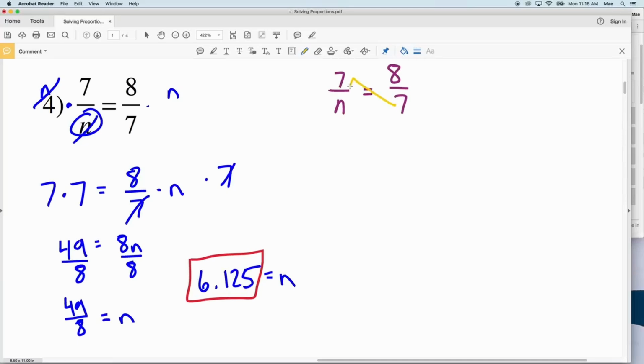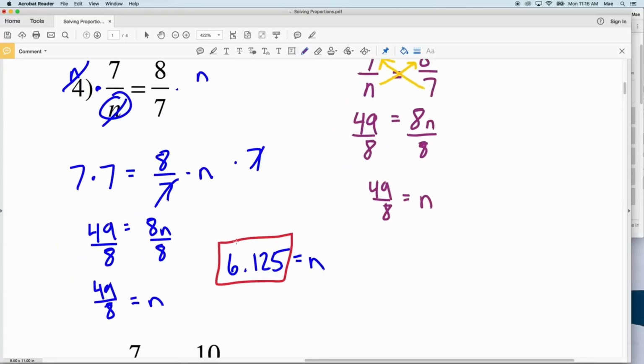So 7 times 7, that's going to be 49, and 49 is equal to n times 8, or 8n. Now you see all we have to do is divide by 8 to get 49 over 8 equaling n. And then we just type that into our calculator to get 6 and 125 thousandths, the answer to number 4.